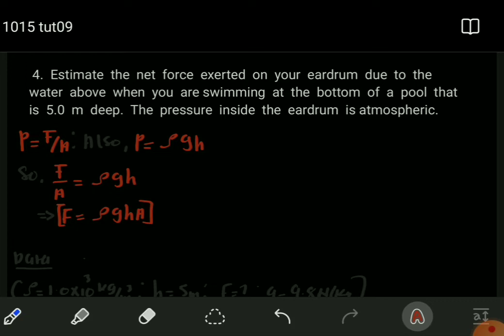As I said, it's a matter of estimating the surface area of your eardrum. We know the density of water, we know g, and we also know the depth h. But what we are not sure of is the surface area of our eardrum.